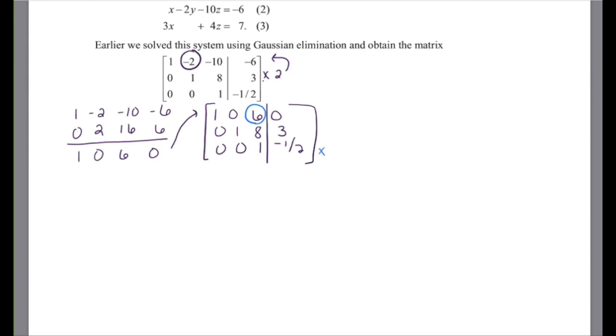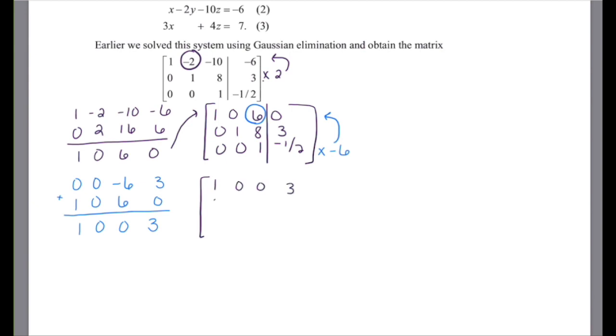So I'm going to multiply this by negative 6 and add that to my top row. When I multiply the bottom row by negative 6, we'll have 0, 0, negative 6, 3. Adding that to my top row provides us with 1, 0, 0, 3. So our new matrix will be 1, 0, 0, 3, 0, 1, 8, 3, 0, 0, 1, negative half.